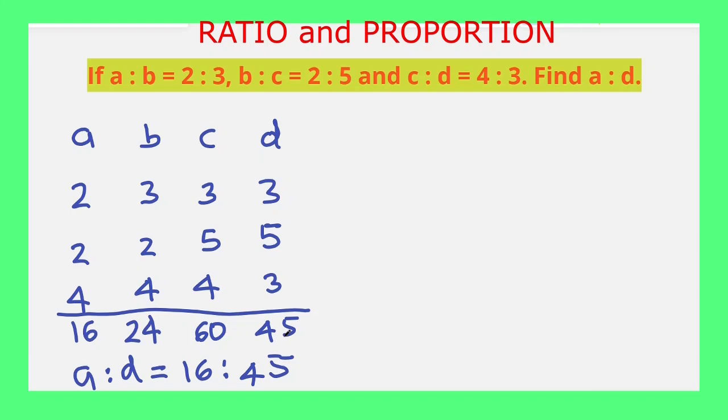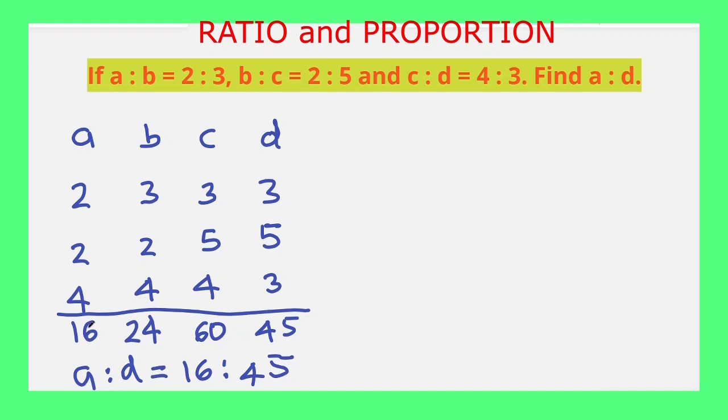As 3 is common in it, so we can divide both the numbers by 3, and our ratio will be 8 ratio 15.